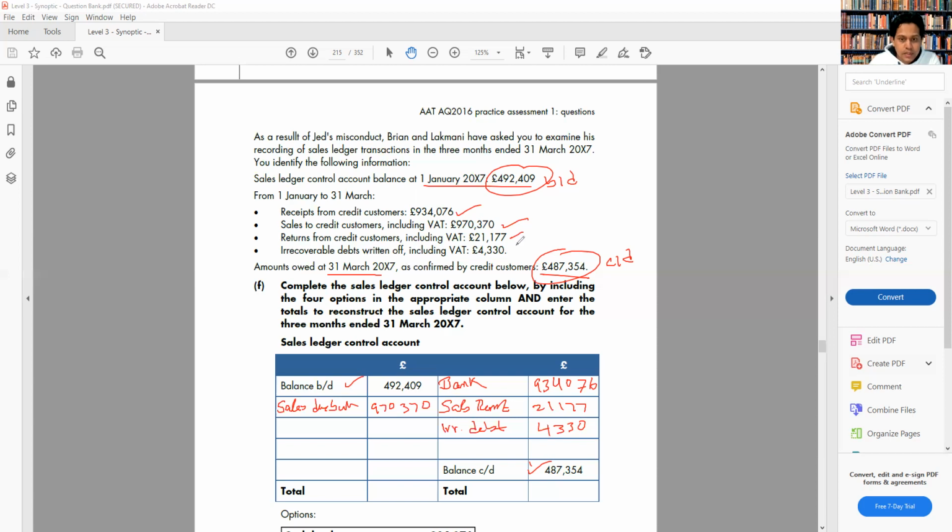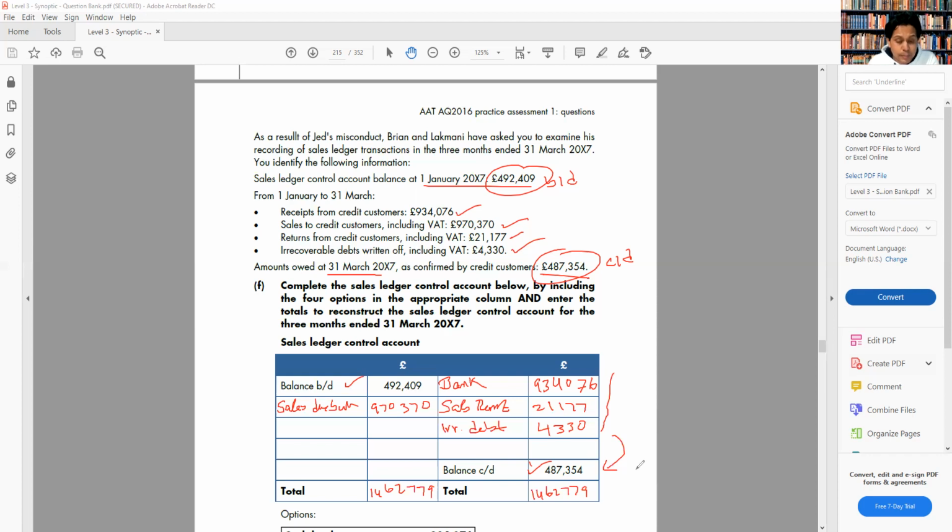After that, we need to see what the difference is. We add the debit side, and if we add these two, that will be 1462,779. We write the same amount on the other side. After that, we minus the credit side, and the balance should be this.